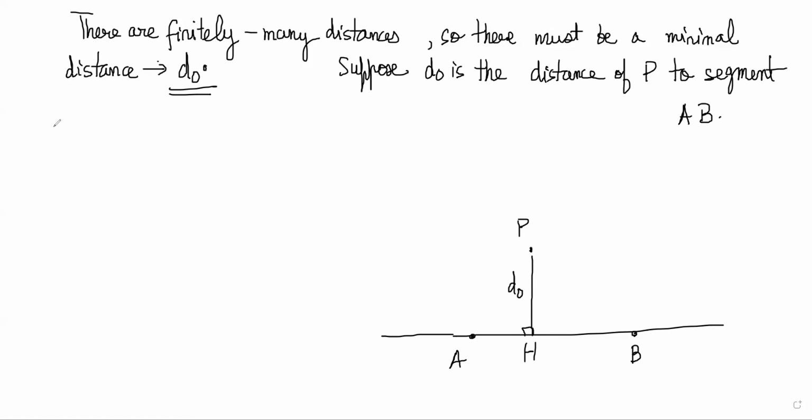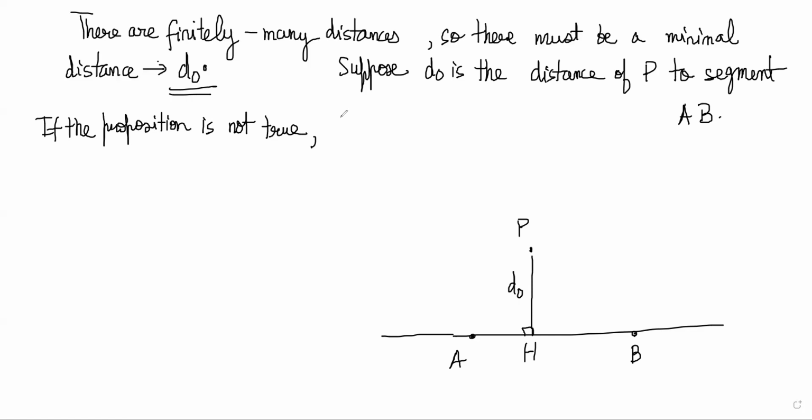So now we will try to prove by contradiction. We'll say the proposition is not true. The proposition was saying that there is a line that passes through just two of these points, right? But if the proposition is not true, then there is no such line that passes through just two of these points.